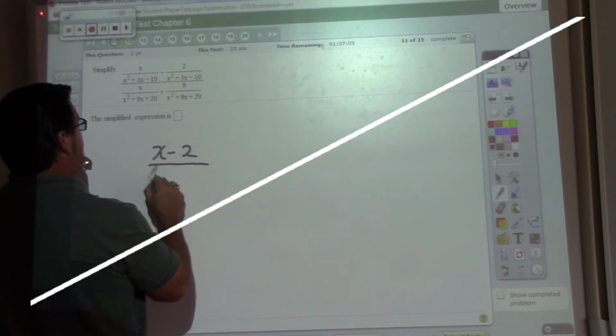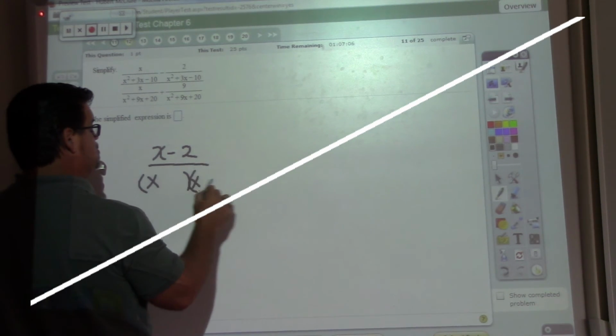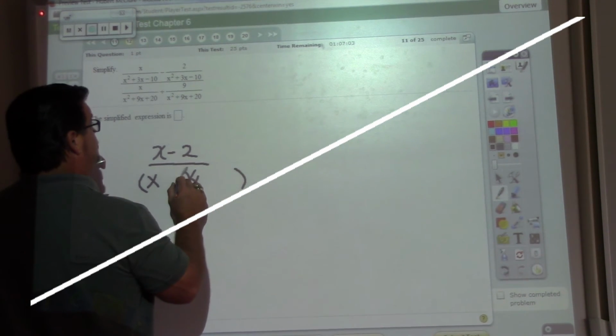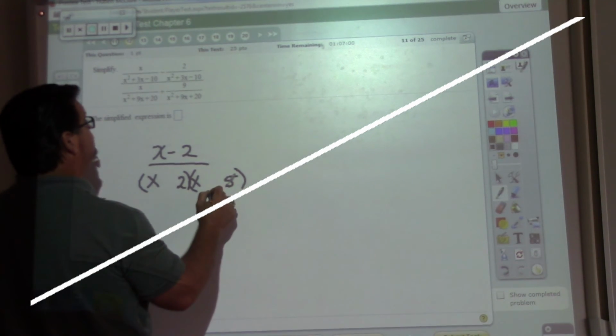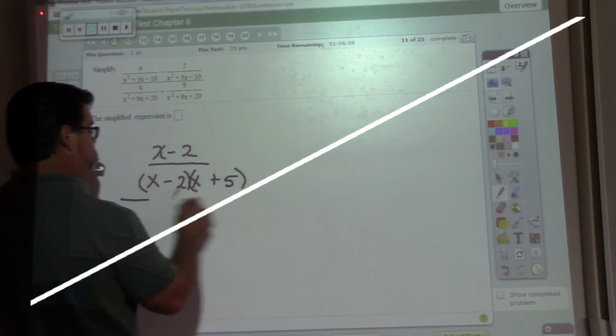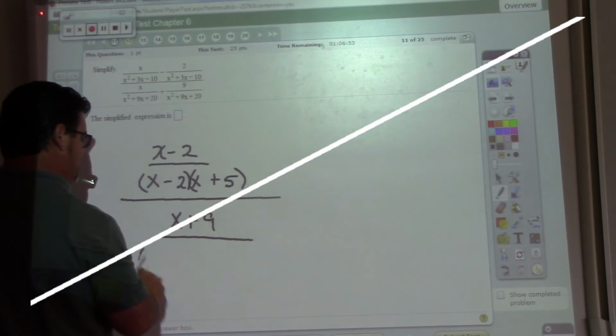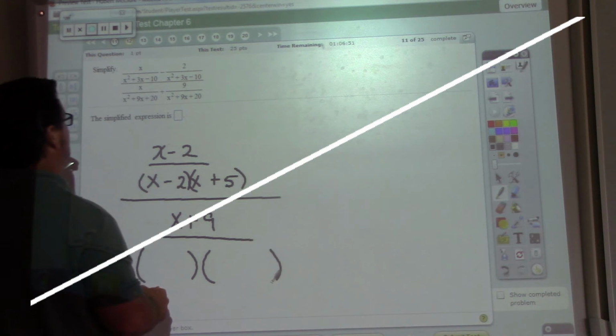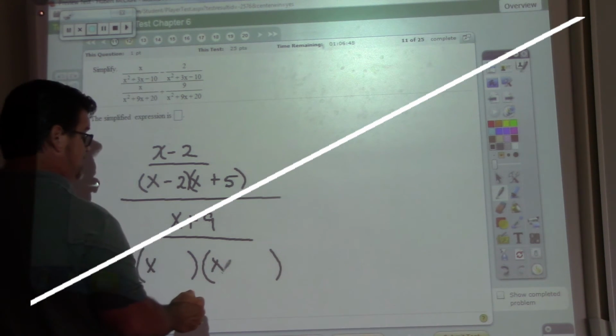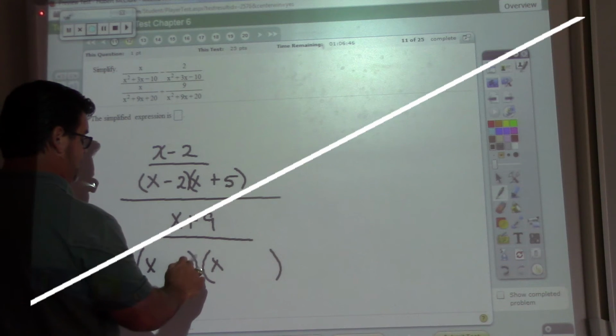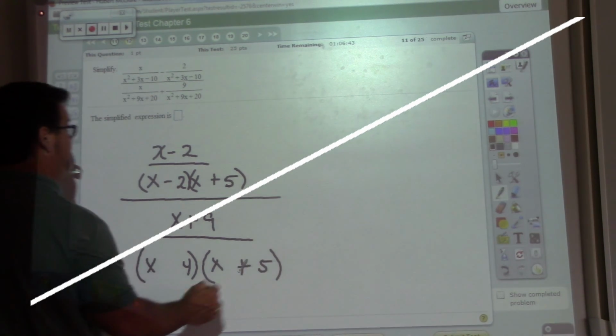Okay. So the first step is real simple. x minus 2 over x plus 5, positive 5, negative 2, over x plus 9 over x plus 4 and 5, plus 5, and like signs.